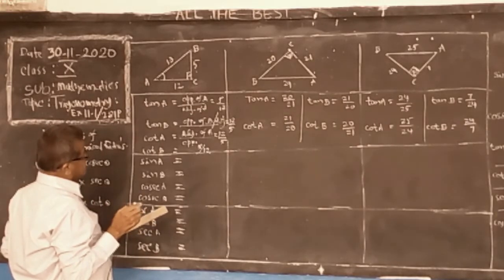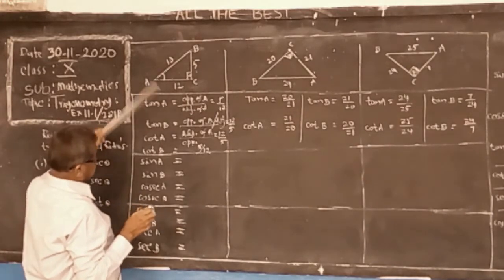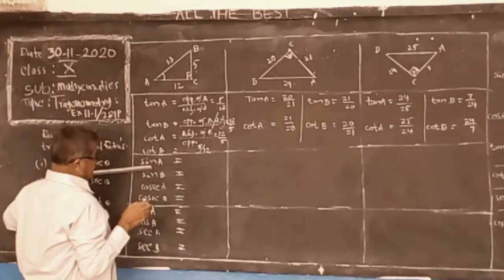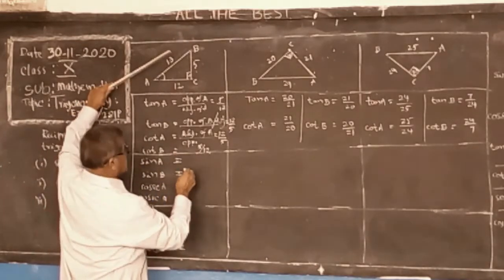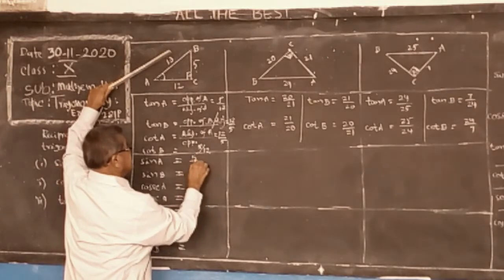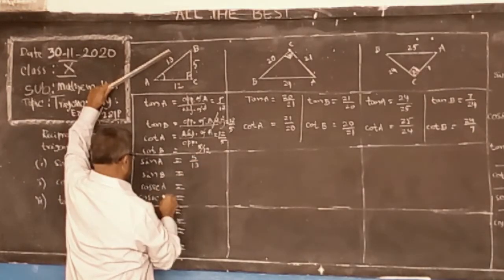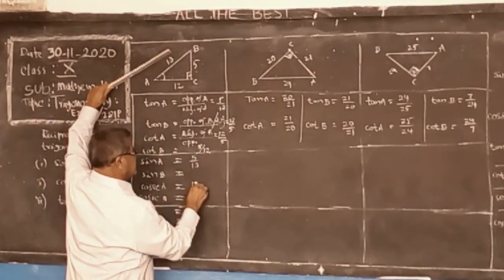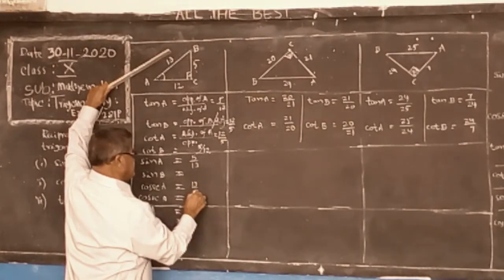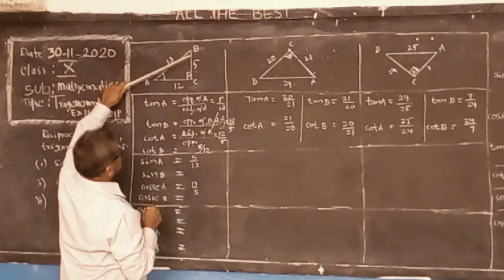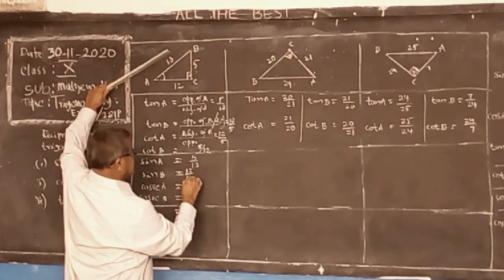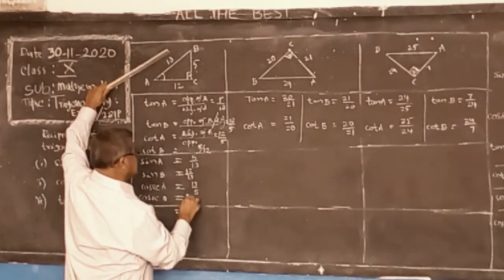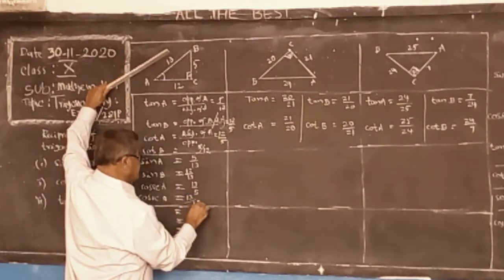Sin A: side A is here, opposite side by hypotenuse, 5 by 13, and cosec A, the reciprocal, is 13 by 5. Side B is here, opposite side is 12, hypotenuse is 13, and this is 13 by 12.